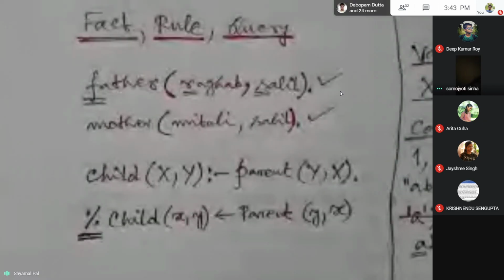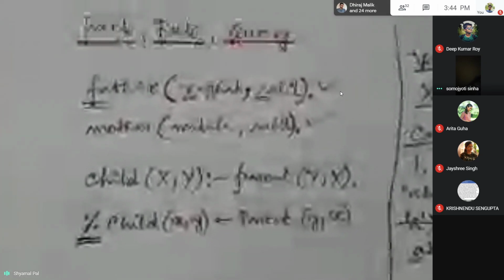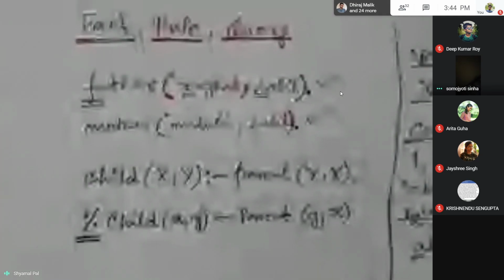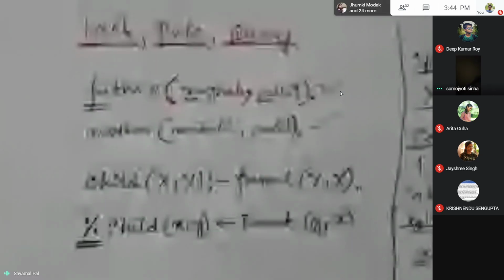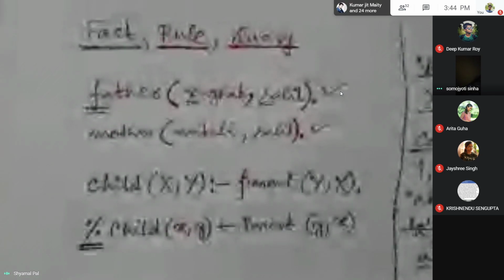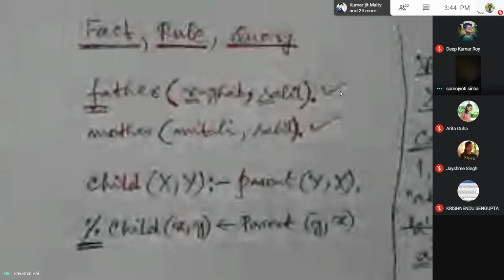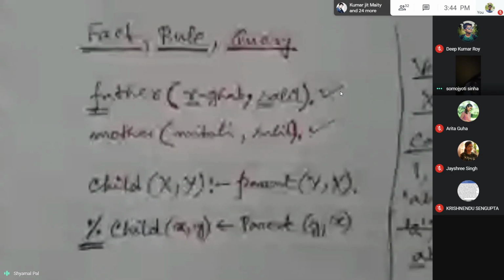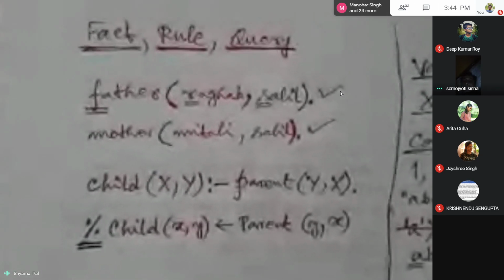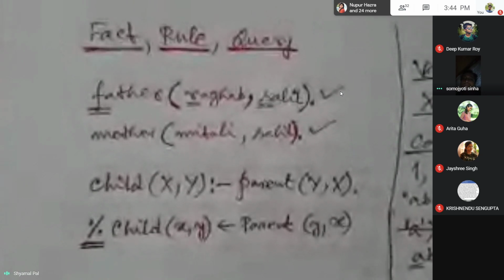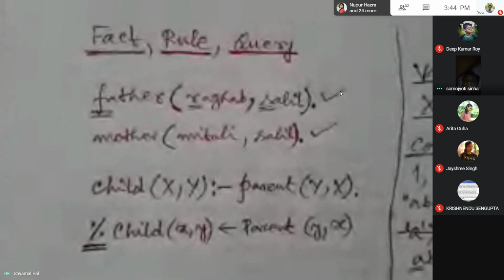In predicate logic, and in Prolog it's just reverse. Variable names are in capital, and predicate names have the first letter in small. And look at the symbol: the unidirectional arrow towards left is used in predicate logic, and in Prolog colon dash has been used.